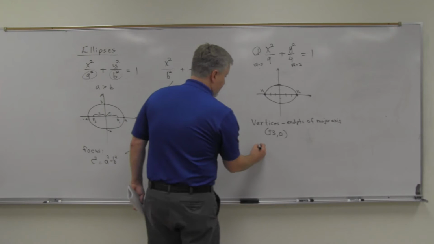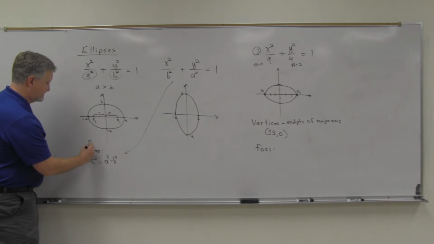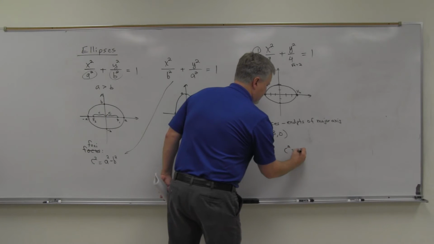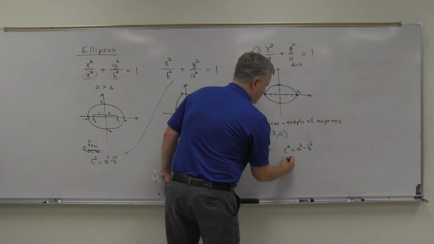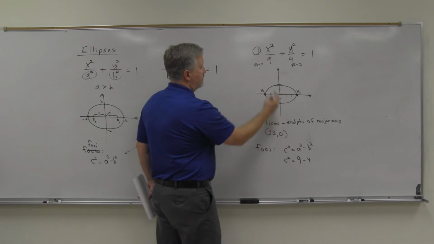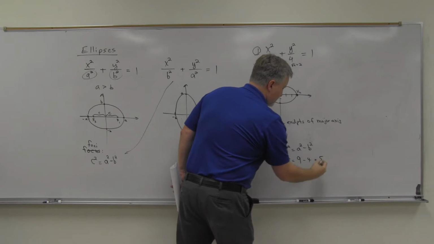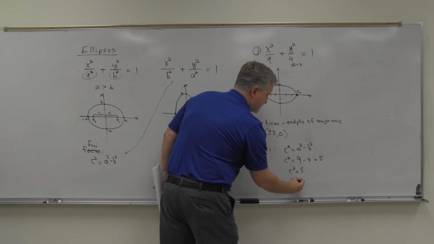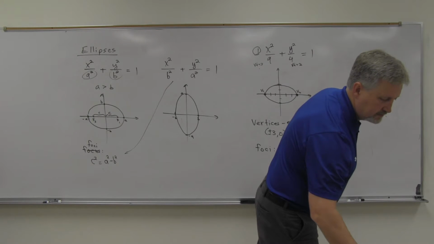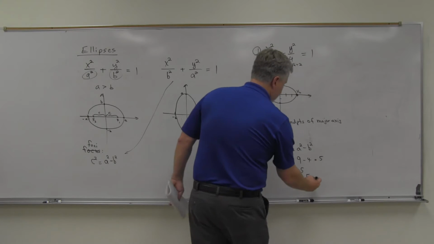What about the foci? It's just the plural of focus; I should have said foci here because it's 2. What's c squared equals a squared minus b squared? 9 minus 4. So on the c squared equation, you don't square root those, you use the actual numbers, 9 minus 4. So c squared equals 5. So c would be plus or minus the square root of 5, which is about 2.2.